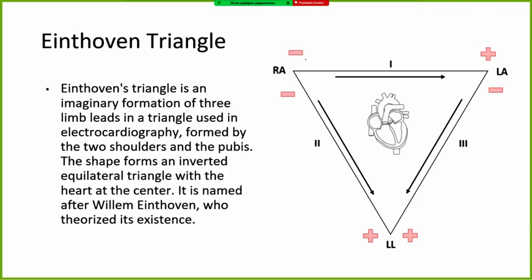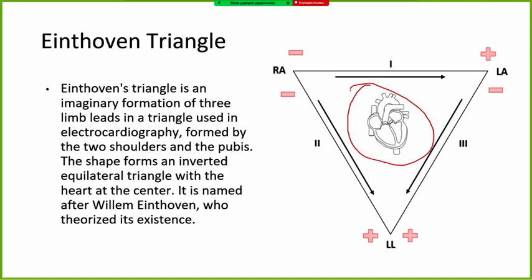The Einthoven triangle uses two arms and the left leg. The shape forms an inverted equilateral triangle with the heart in the center.